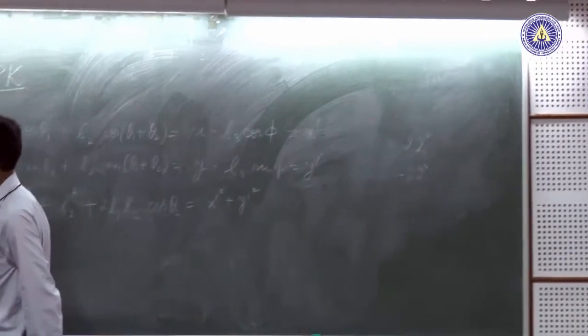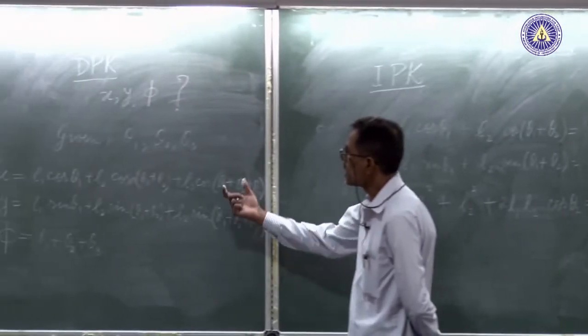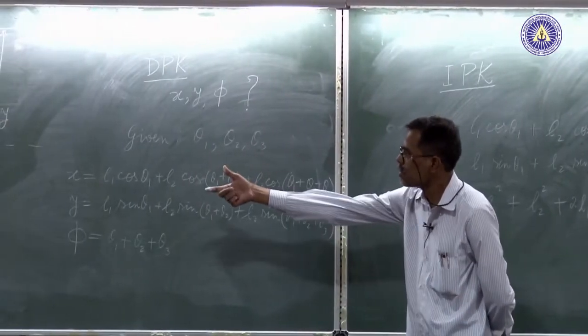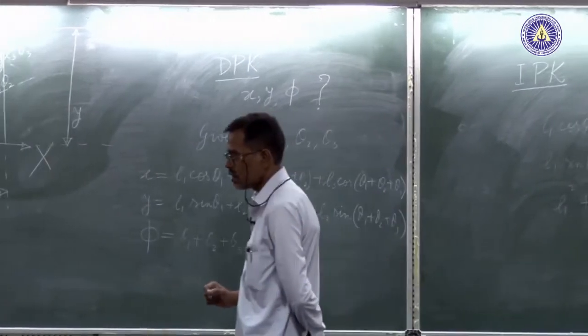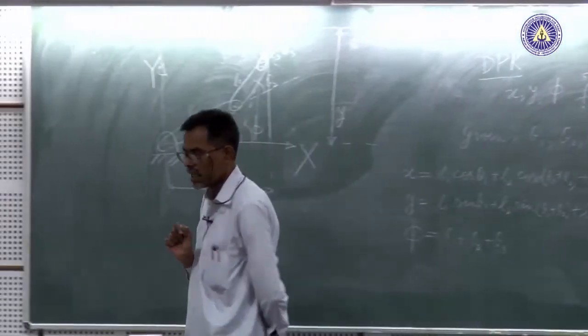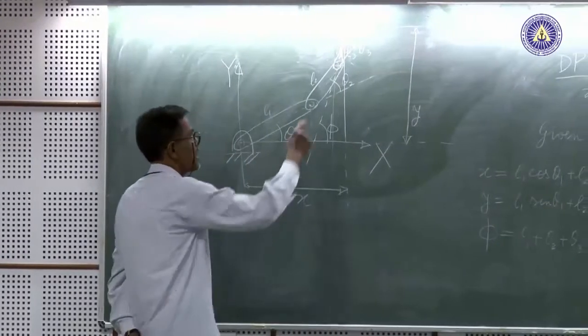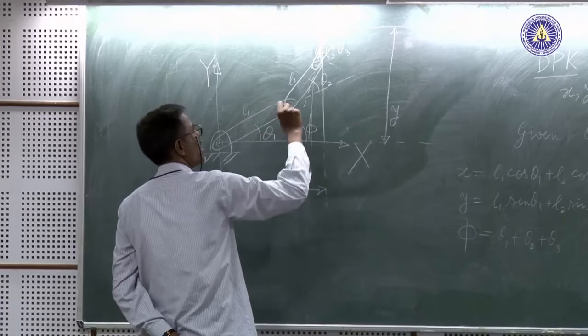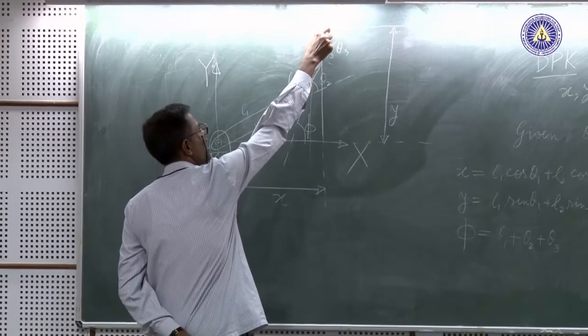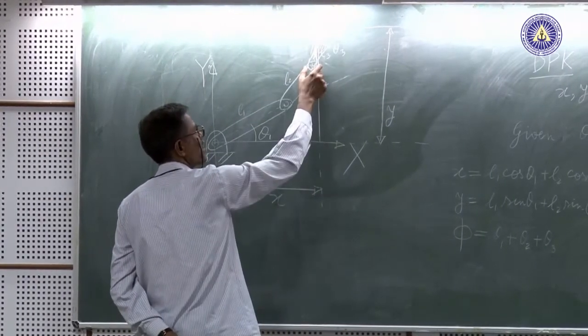So, you see physically what we are doing. This we took on the other side and subtracted, that was equivalent to noting at the first step itself that in order to get oriented like this, whatever the other fellows are doing, the third link has to be oriented like this.